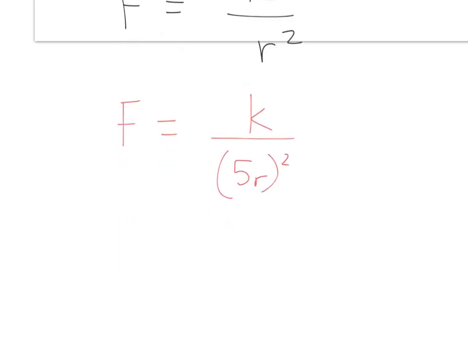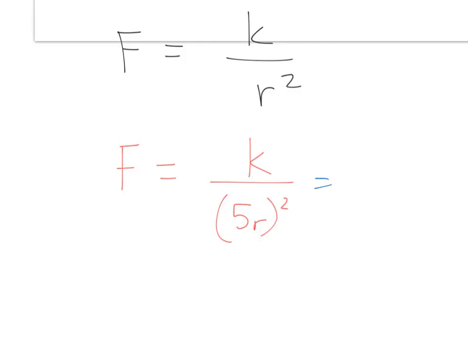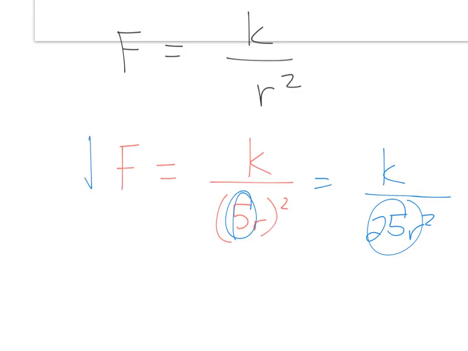It makes that value in the denominator that I'm seeing there really k over 25r squared, right? Your laws of exponents, we know that when you raise a product to a power, that power gets raised to both of those factors within the product. So this becomes 25r squared. Okay, this value becomes 25r squared. So if I'm increasing the distance between them, I'd be decreasing the force.